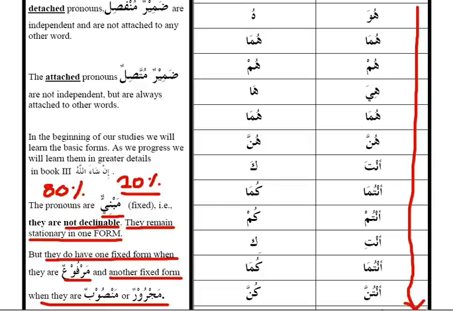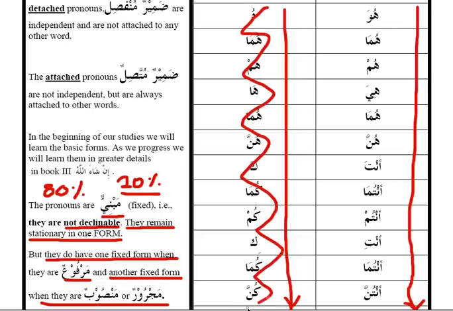There's I think 2 more pronouns that are not mentioned there, but these are all marfu', and these are all mansoob or majroor. We'll cover these later, inshallah. So I'll just cross these out, just not to confuse you. So we're just talking about the marfu'.